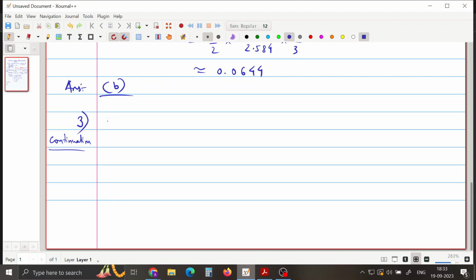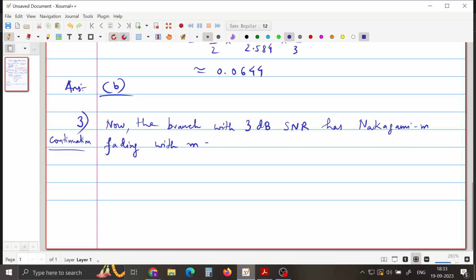So now the branch, pardon my handwriting, the branch with 3 dB SNR has Nakagami M fading with small m equal to 2. Small m, you actually call it fading figure. Okay.